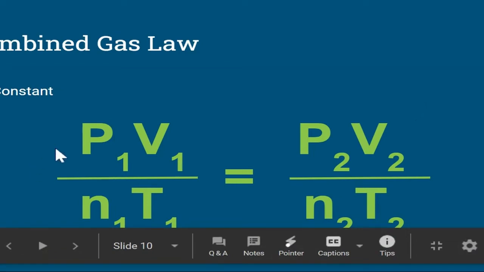So I'll end up with n up here on the top. Well, if n2 and n1 are the same number, they just go away. And that's what we're going to do. We're going to make the assumption that everything in this lesson is holding moles constant. So essentially we're going to ignore this n and only look at P, V, and T. So the combined gas law is where moles are held constant.